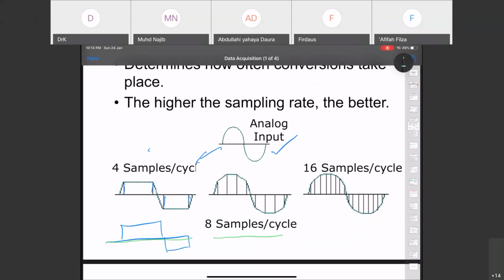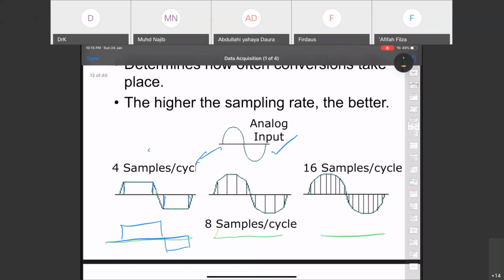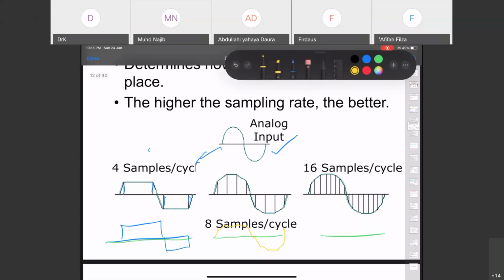If you take 8 samples per second, you may end up with something like this. I redrew this for you so that you can see. For example, this is what happens if you take more samples but still not sufficient.